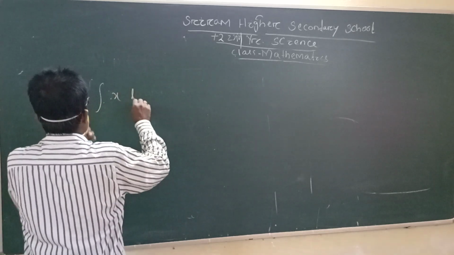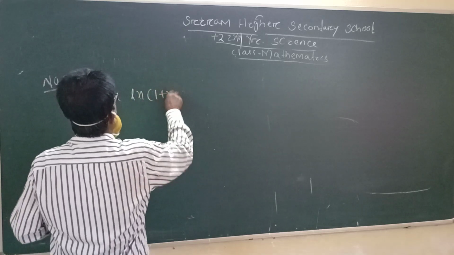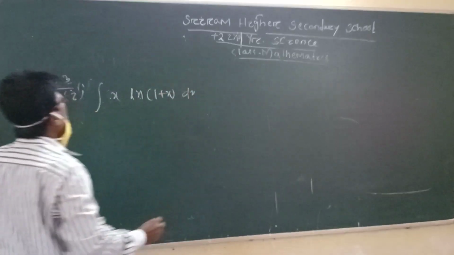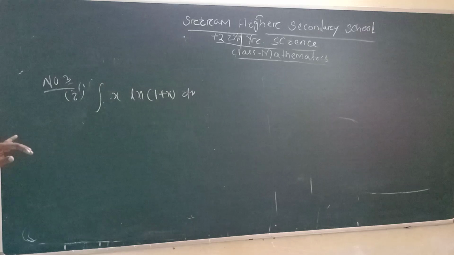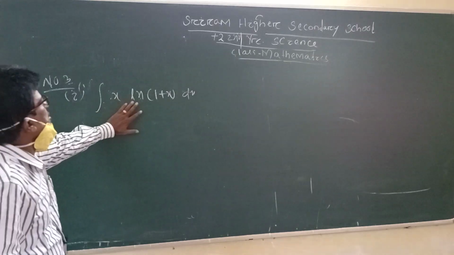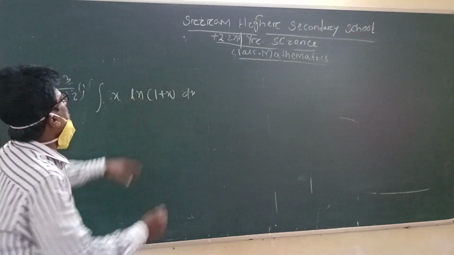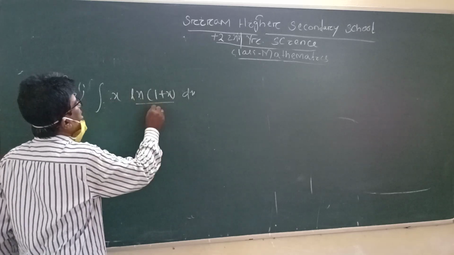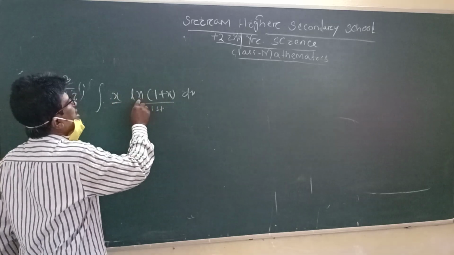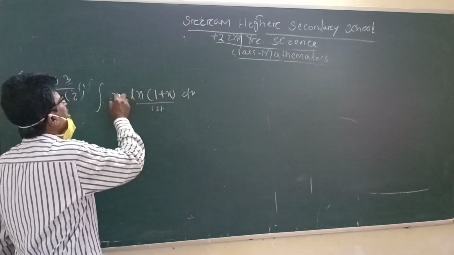x ln 1 plus x dx. From integration by parts, I already told you how to choose the first function. Here the logarithm function is serial number 2 and algebraic is number 3. So logarithm is the first function and that is the second function.